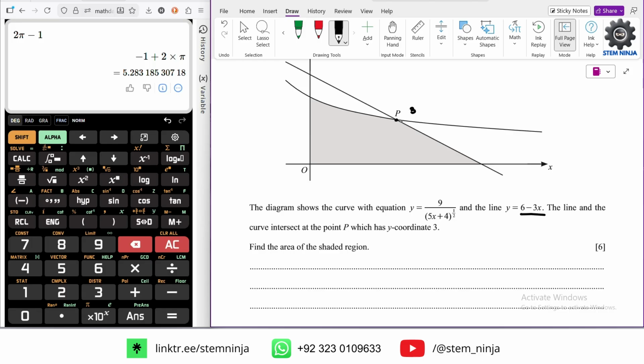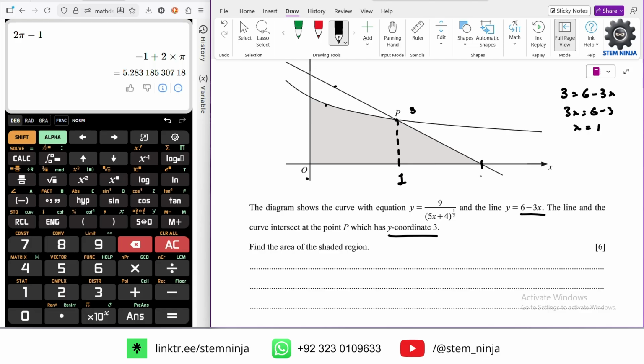Okay, so up until this point, notice that the line is greater than the curve, and it's just the area under the curve up until this point. So we basically need to figure out what the x coordinate of this point is. So y is equal to 3, 6 minus 3x, so 3x is equal to 6 minus 3, so x is just simply equal to 1.